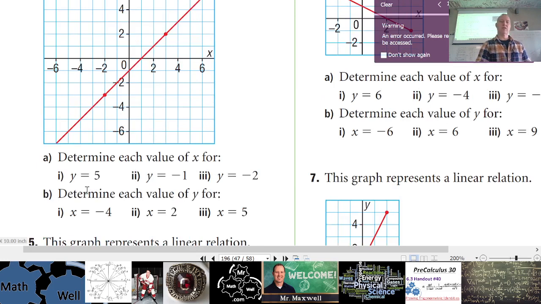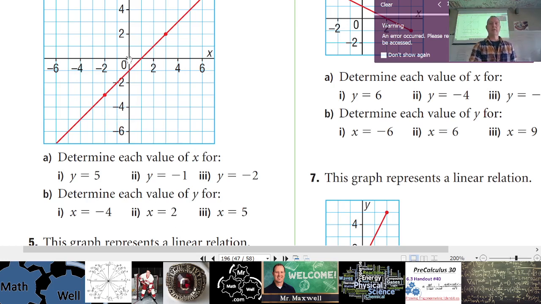And we'll do B as well. So when x is negative 4, notice that we go to negative 4 on the x-axis here. And then the graph is below, so I go down to the graph, and wherever it touches, I can then go back over here, and that's going to be negative 5. You see that? When x is negative 4, y is negative 5.